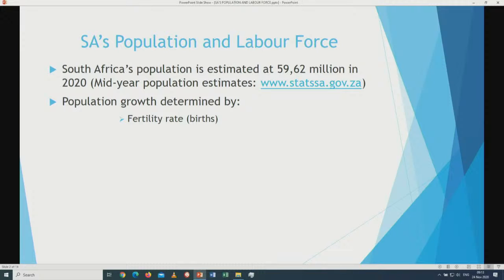So the population growth is determined by, number one, fertility rate. Fertility rate basically means the birth rate. And then the second factor that influences the population growth is mortality rate. Mortality rate is the death rate.